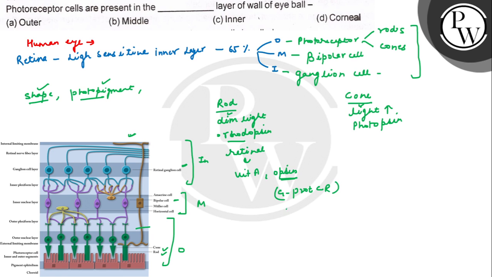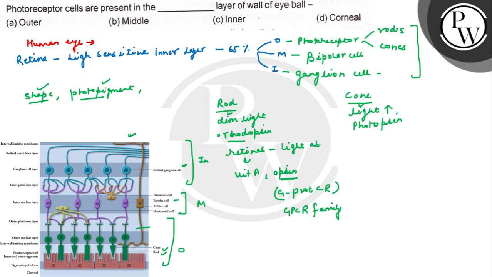We can say that GPCR family also. And the retinal is the light absorbing pigment, the light absorbing part of the photopigment.